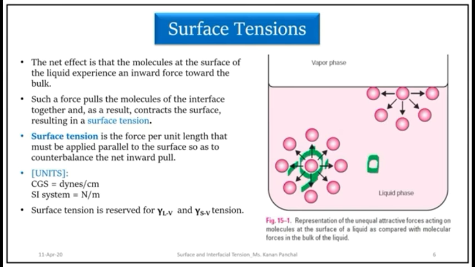Then next we see the factors affecting CMC, critical micellar concentration. First, the molecular structure of the surface active agent. In that, first, the hydrocarbon chain in the hydrophobic group.